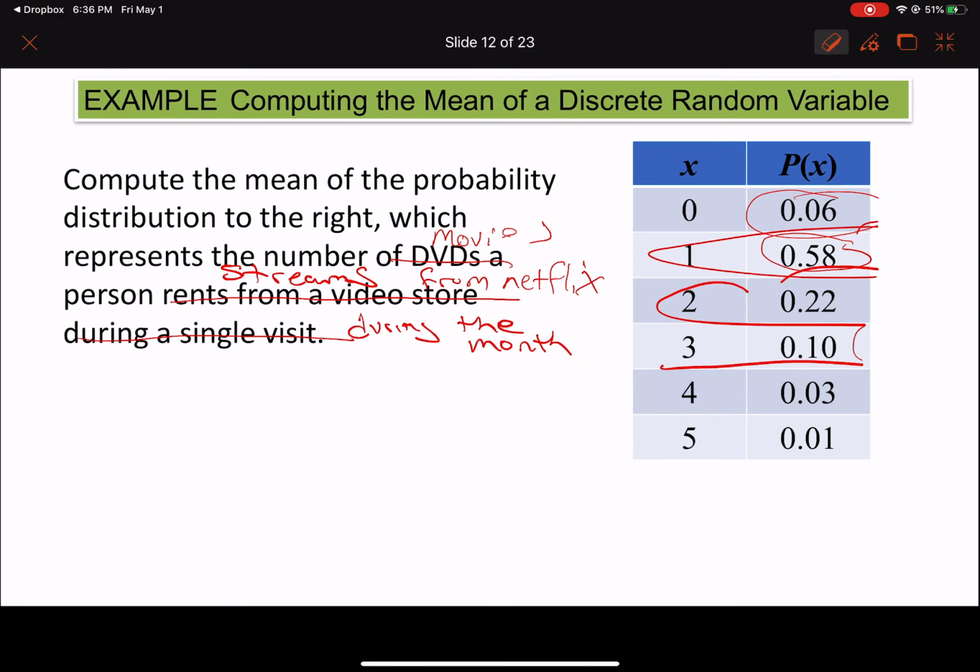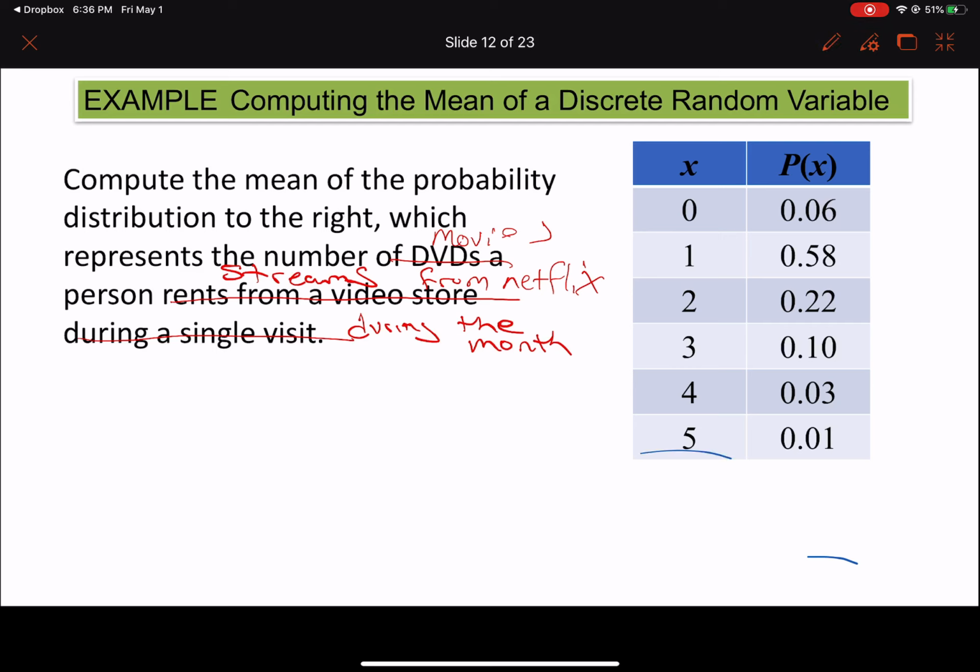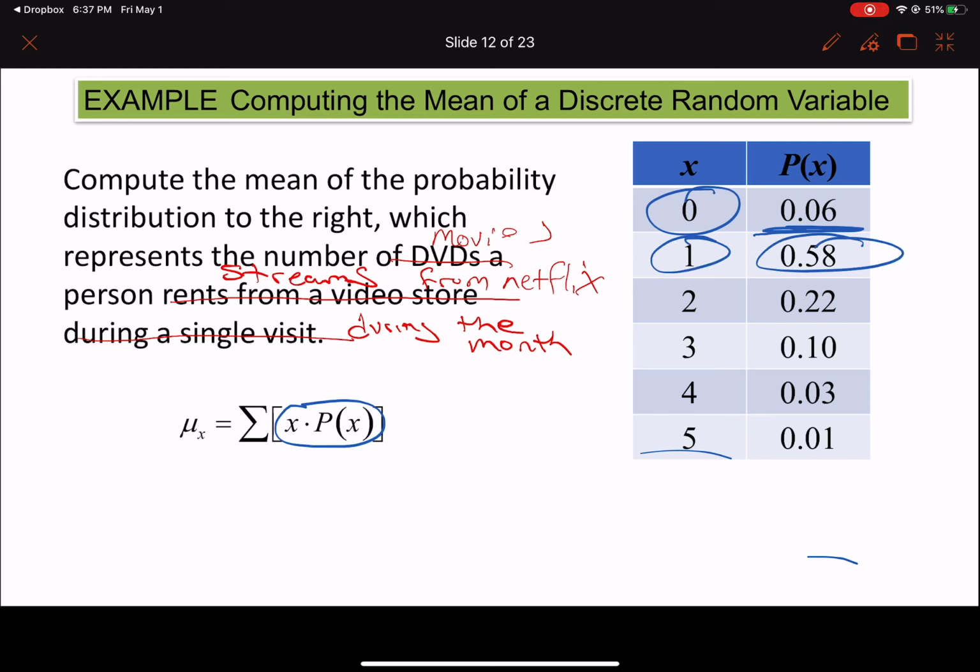Let me clean that up. Okay, so this is our formula right here. You take the x and you multiply it by the probability. You do that with the next one. You take this x and multiply it by that probability.